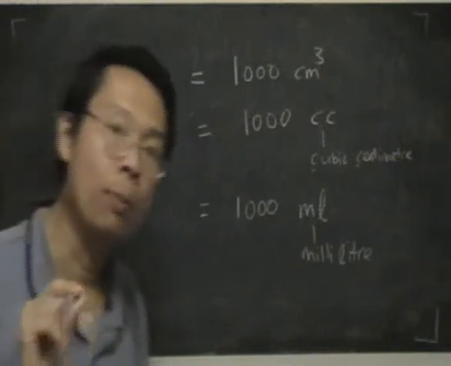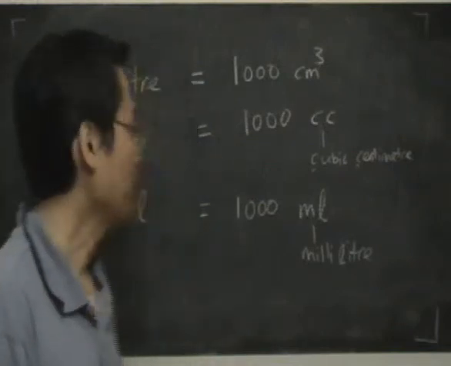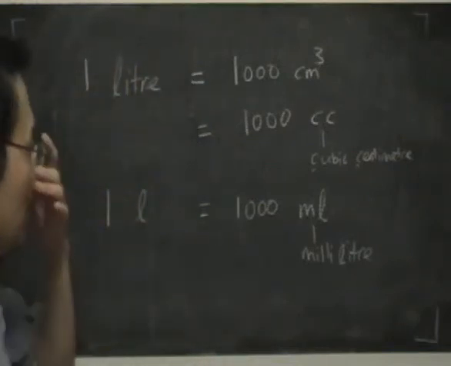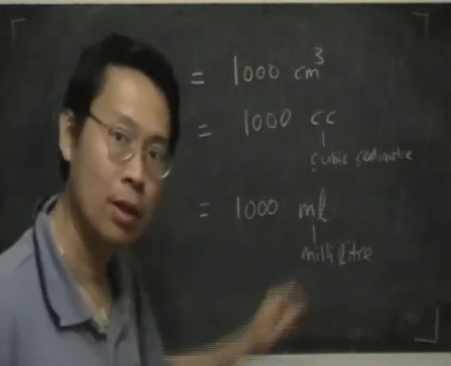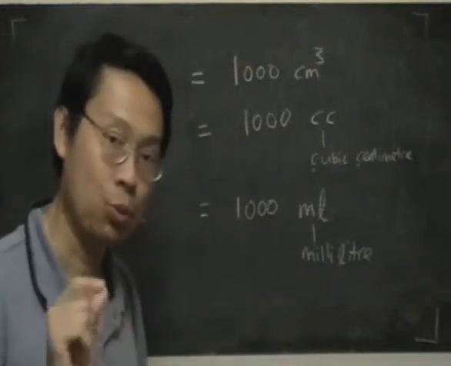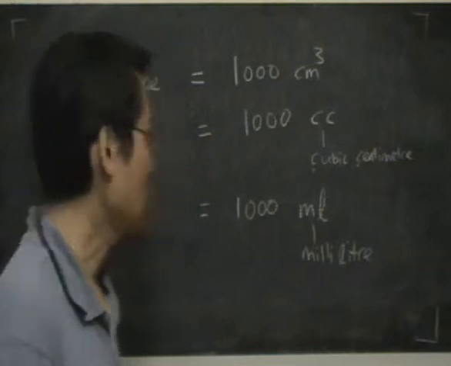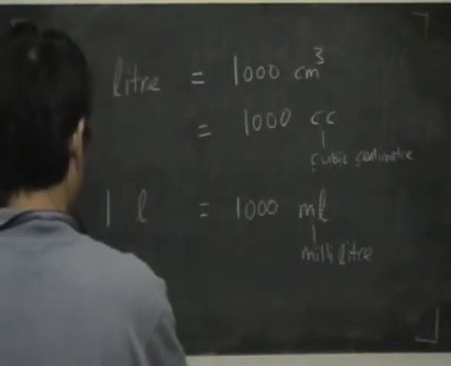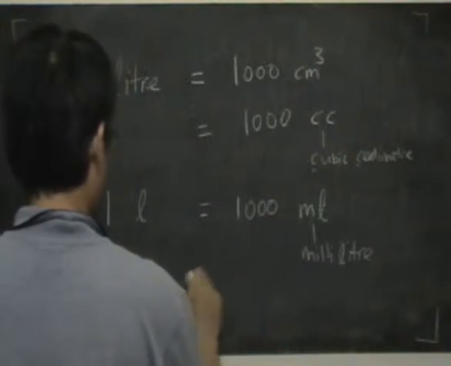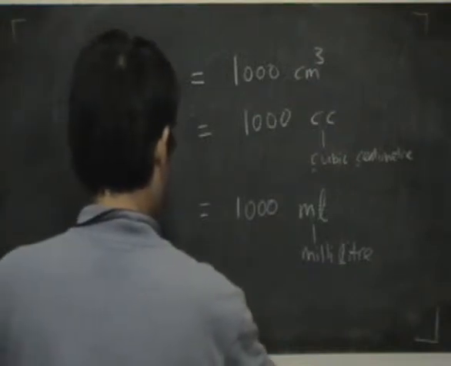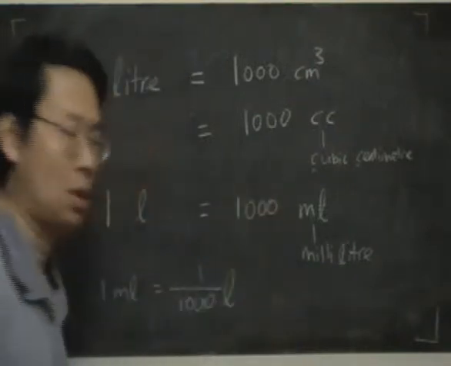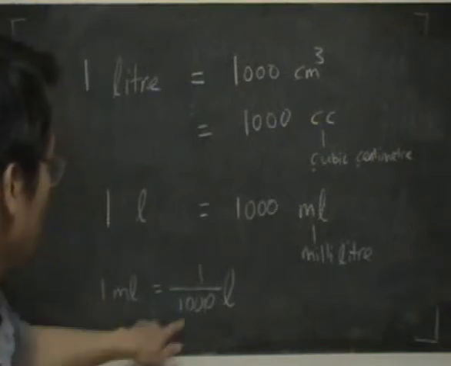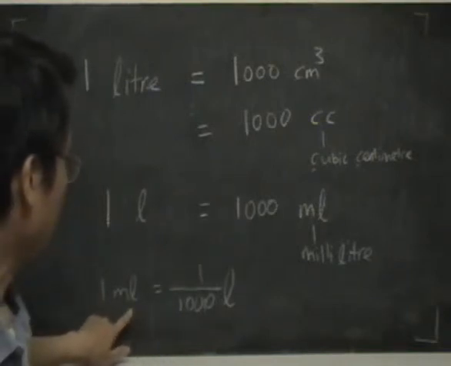ml stands for milliliter. Right, and milli, if you remember, means 1 over 1000. So 1 milliliter is 1 over 1000 of a liter. So it's alright.